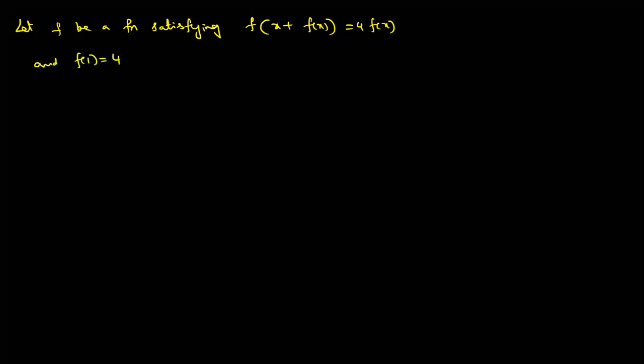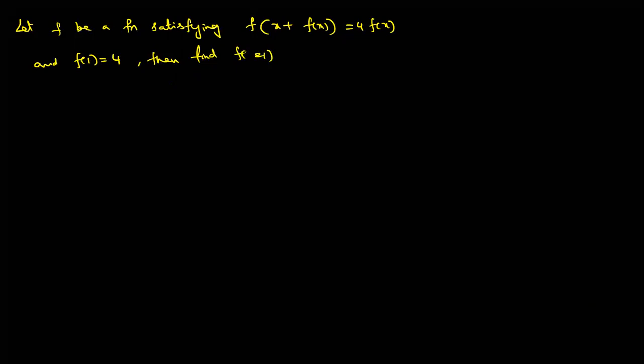Let f be a function satisfying f of x plus f of x is equal to 4 times f of x, and f of 1 is equal to 4. Then find f of 21.